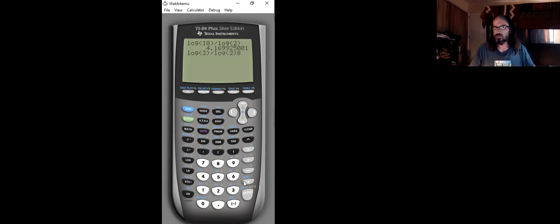plus the log of 6 divided by the log of the old base 2, we may get exactly the same decimal approximation, or we may get something really, really close. There may be some round off error.